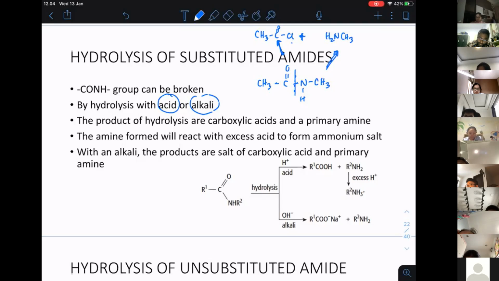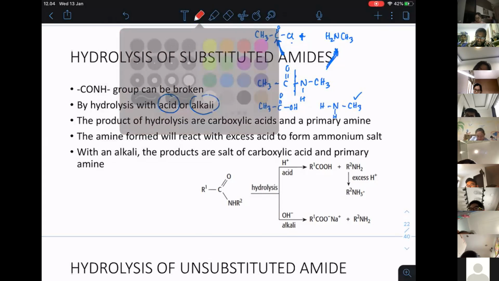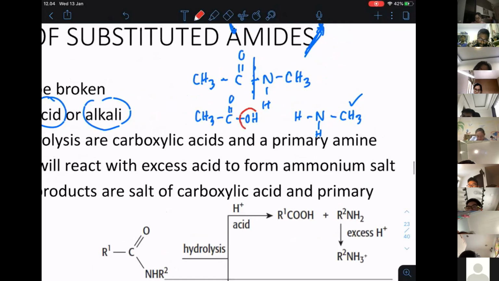When I break this bond, I am not going to get this again. I am going to get CH3, C double bond O, OH, a carboxylic acid, and you are going to get CH3NH2, a primary amine.